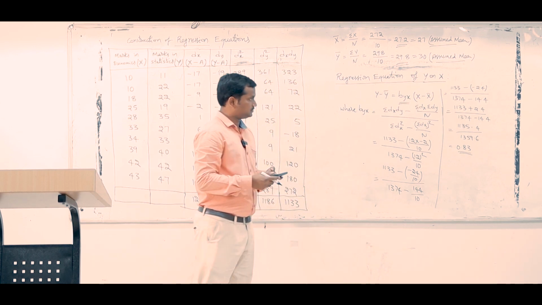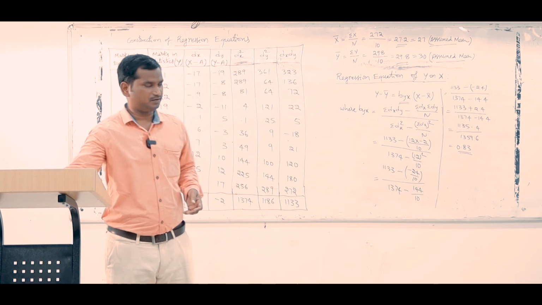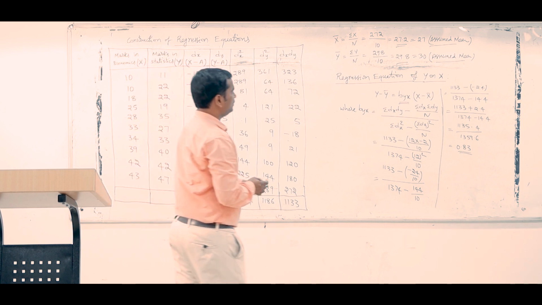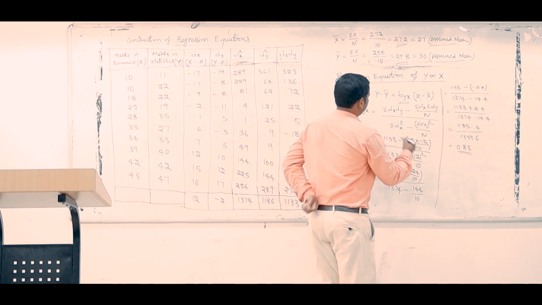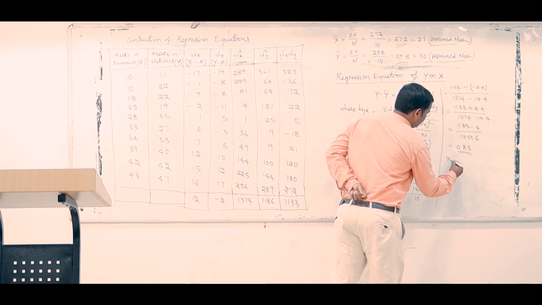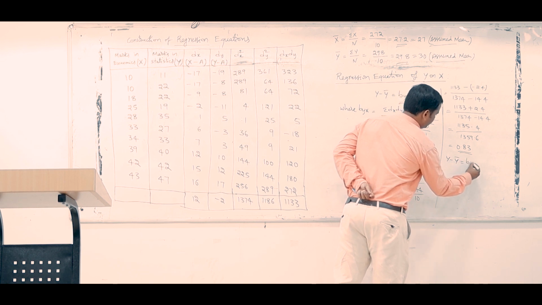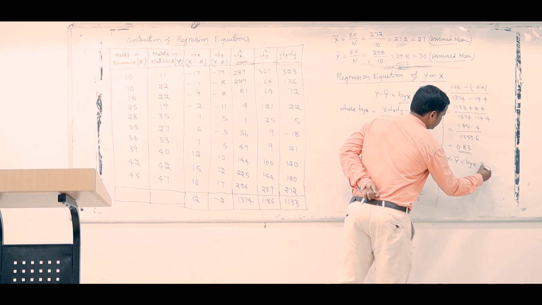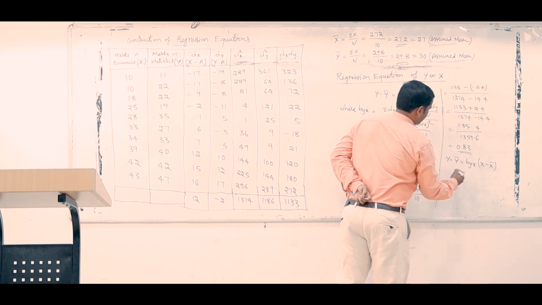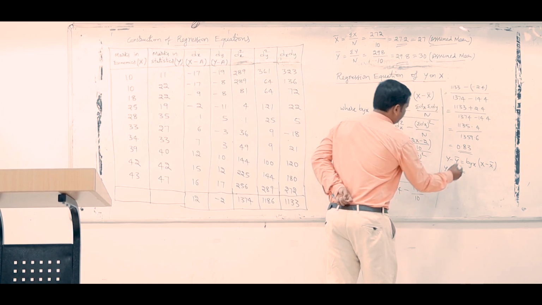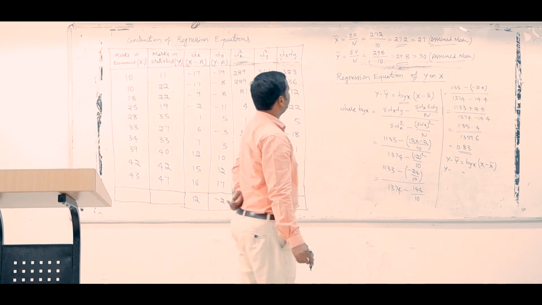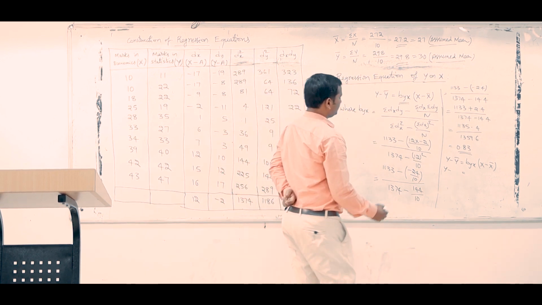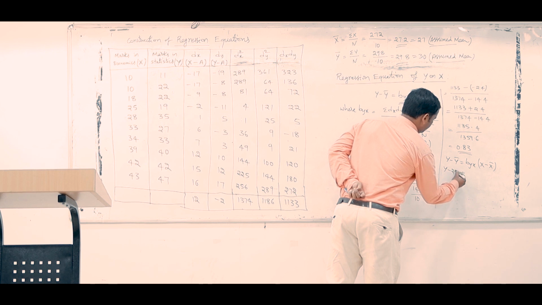So in the main formula, we should apply all the values. So the main formula is y minus y bar is equal to byx into x minus x bar. Here y bar means the mean of the y variable, that is 29.8.